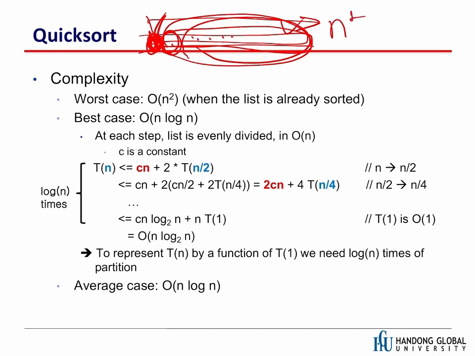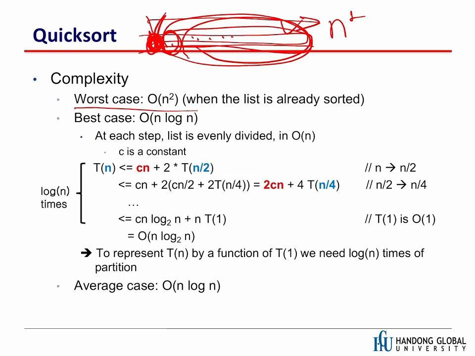So we have an n squared problem here. That's the worst case. You have to count how many partitionings we need. In this case, we need n partitionings, and every time we need n iterations, so that's why we have n squared.